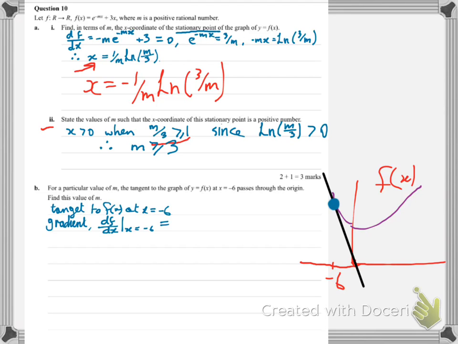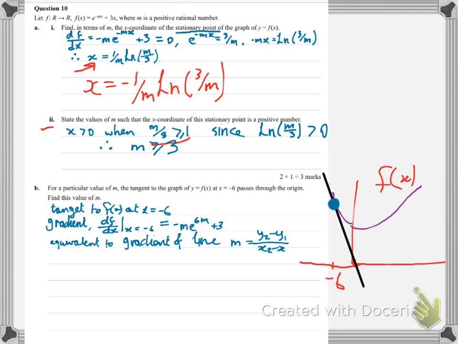We worked out the gradient in part A, so we substitute negative 6 into the expression that we worked out in part A. That's one way of working out the gradient of a tangent. The other way is to find the gradient of a line using the rule y2 minus y1 over x2 minus x1. So that's another way of getting the gradient of the tangent.